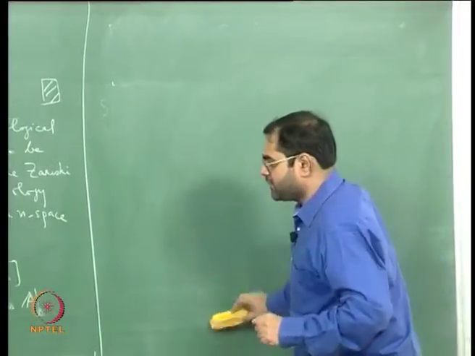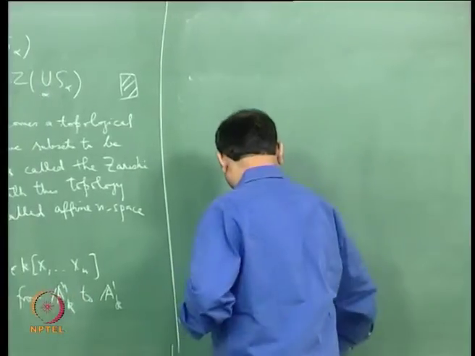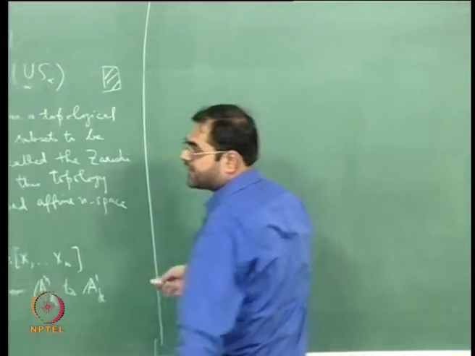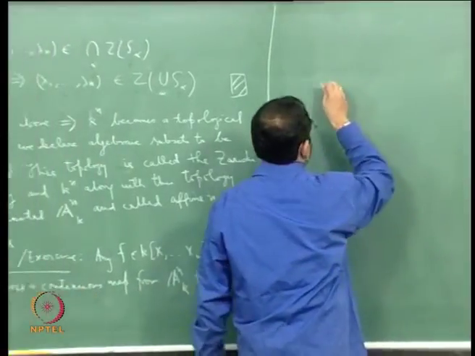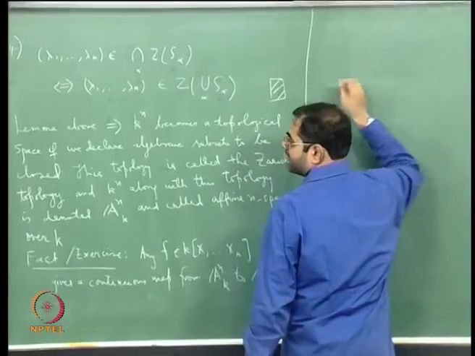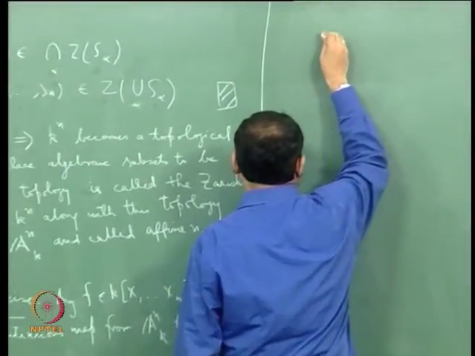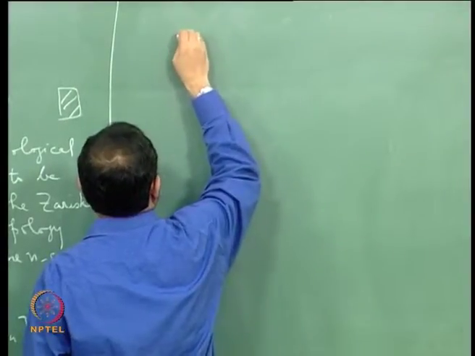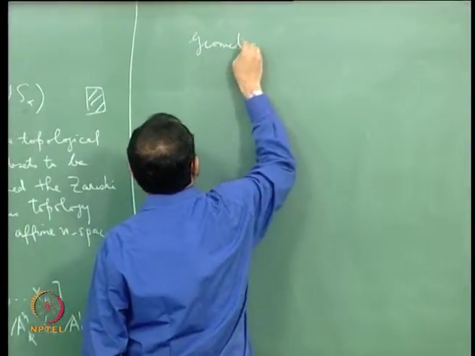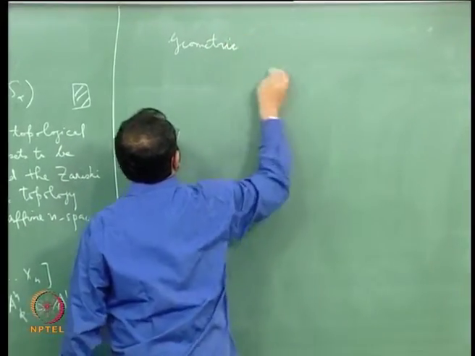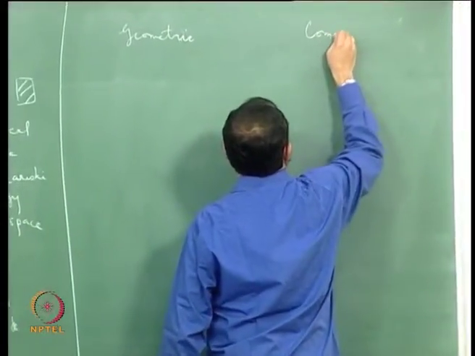So the next point I want to make, again I think I will need this diagram again, so let me again draw the diagram. I will keep needing the diagram again and again. So here, this is the geometric side, and this is the commutative algebraic side.